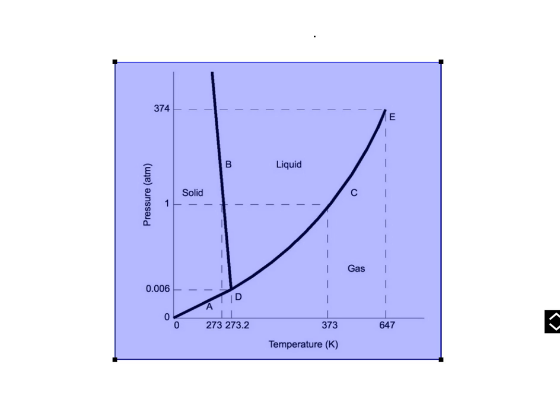So one of the curious things about H2O is that it can naturally exist in each of its three possible states in Earth's atmosphere. So we could find H2O in the solid state, and actually that's jumping to where I want to go, so we'll start back here.